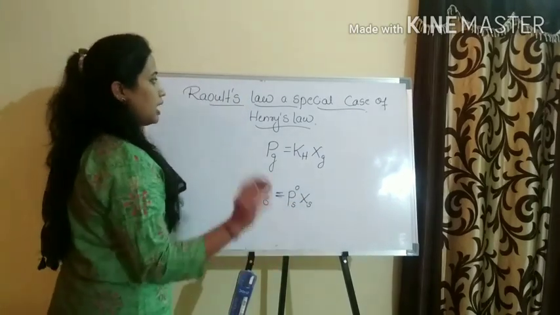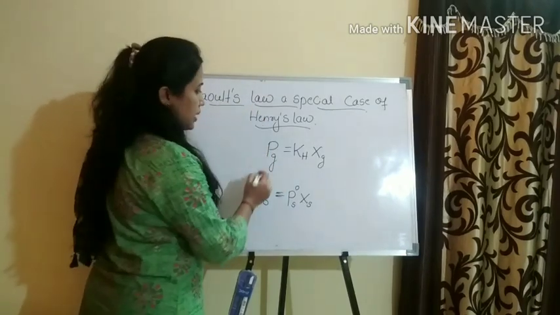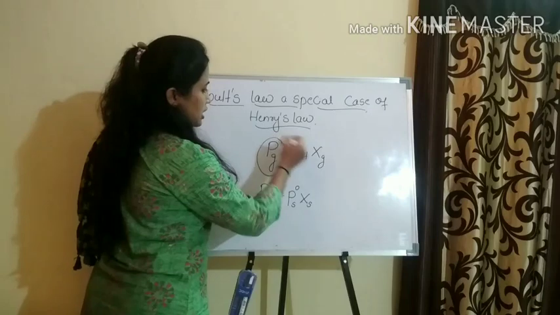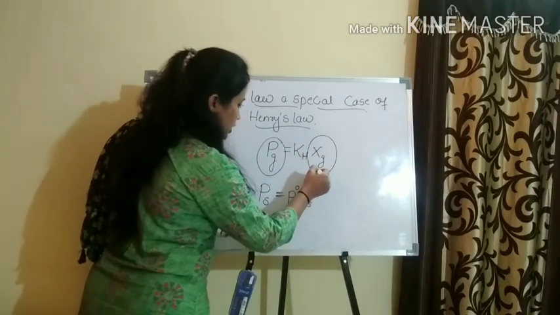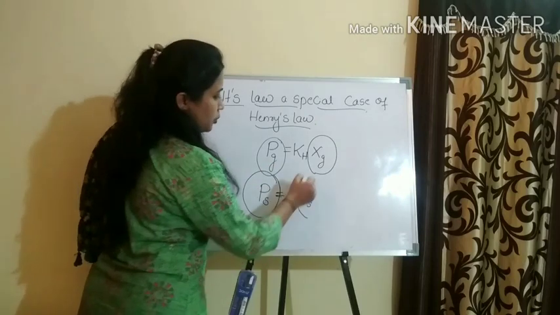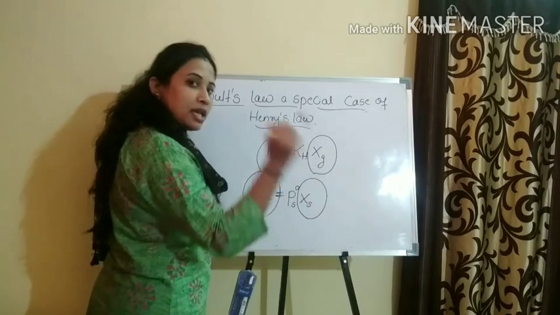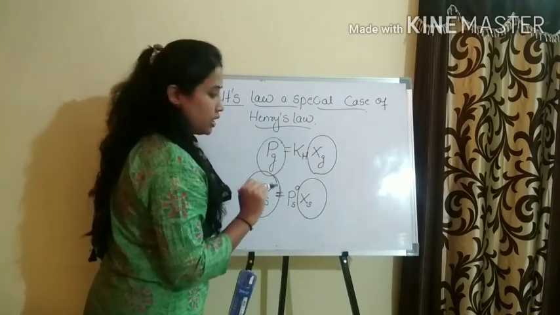So in both Henry's law and Raoult's law, the partial pressure or vapor pressure is directly proportional to the mole fraction. In both cases, the mole fraction plays a very important role.